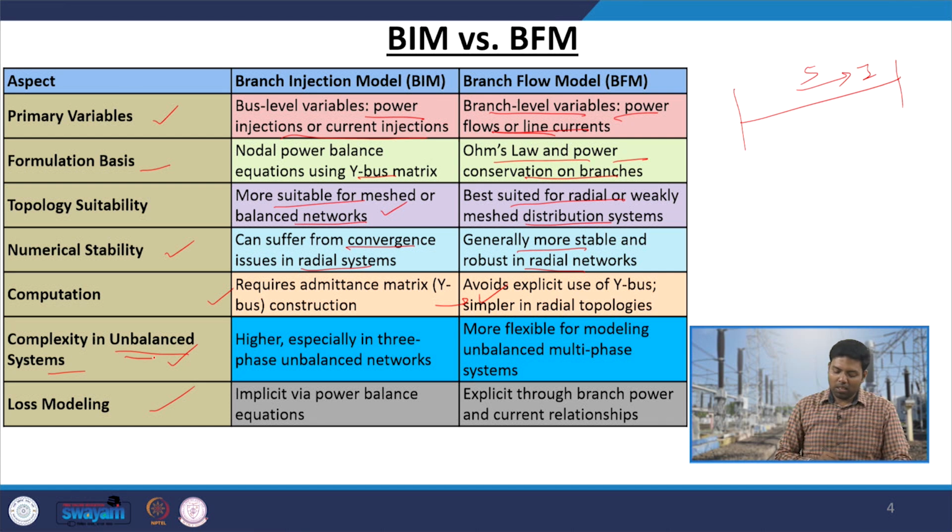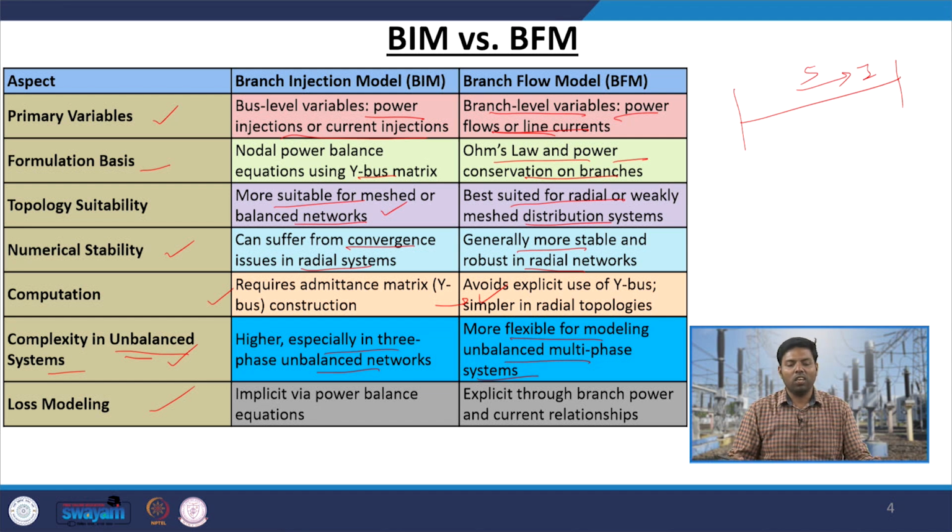For unbalanced systems as well, determining the multi-phase or three-phase branch flow model is comparatively easier compared with the three-phase unbalanced bus injection model. So, that is also beneficial for the branch flow model. In the subsequent modules also, whenever we do analysis on the distribution network, we will mostly follow this branch flow model.